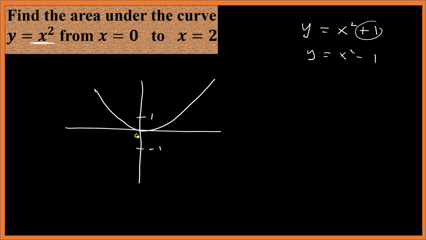So we have 0, we have 1, we have 2. Now we are interested in this, so this is x. For the x, the labeling we have 0 to 2, so from here to here, okay.